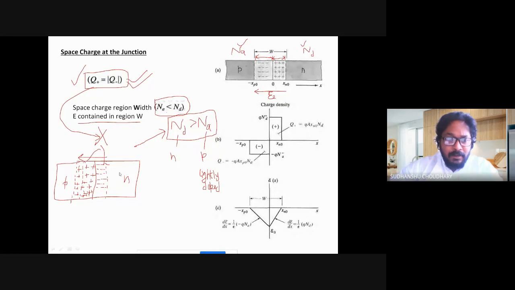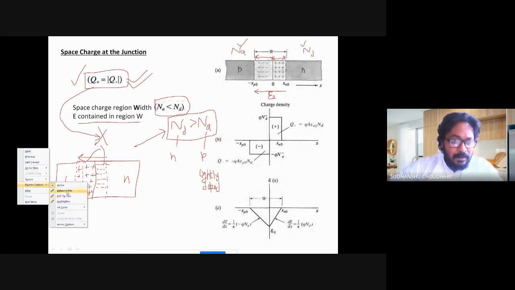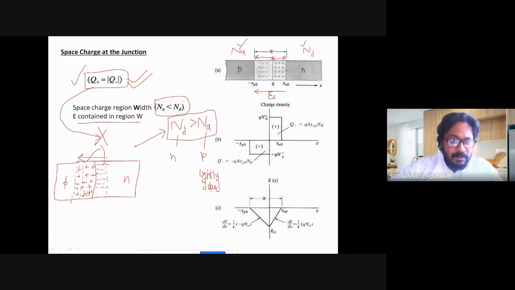And we considered one example also, in which the depletion region widths are initially the same on both sides, and the doping concentrations were such that n-type was heavily doped and p-type was lightly doped.